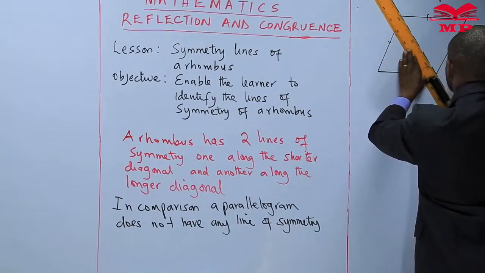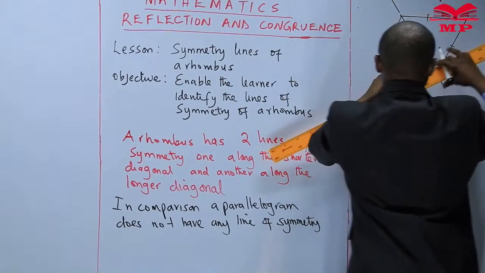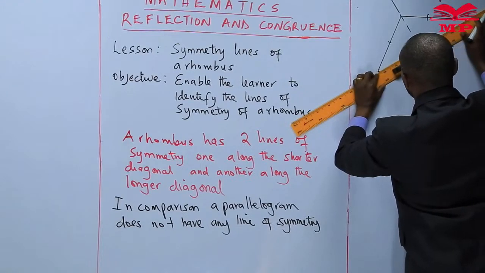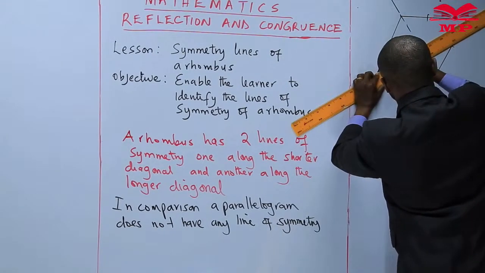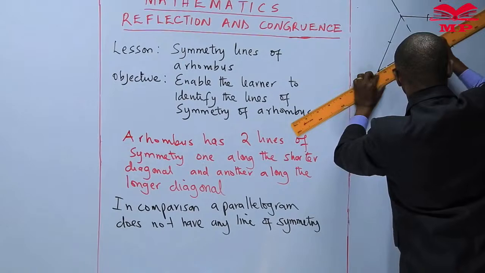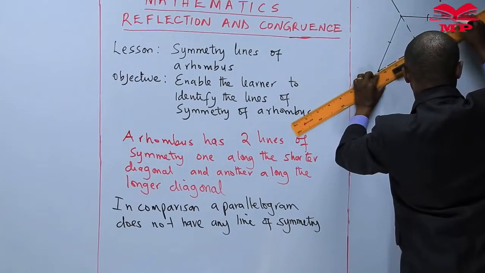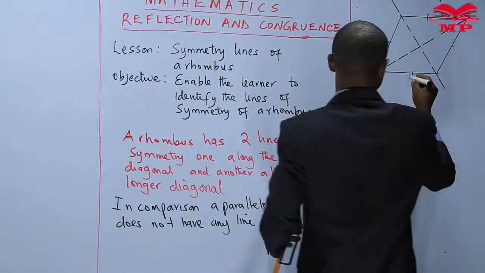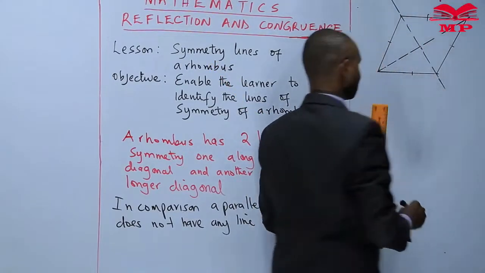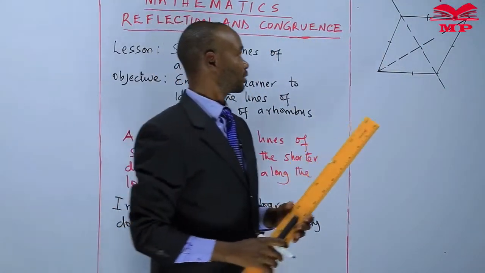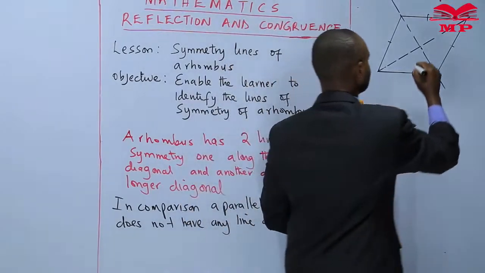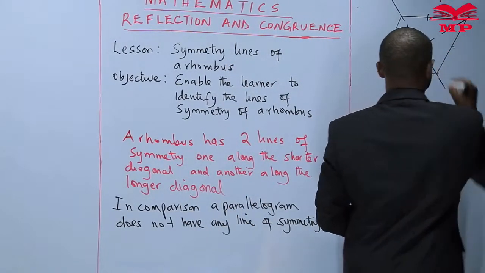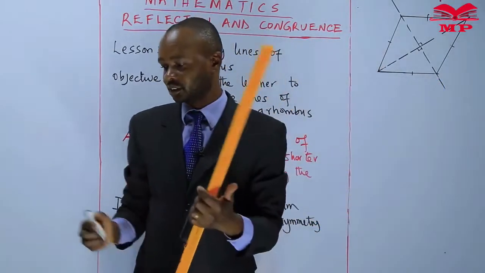Another one is along the longer diagonal. What do you discover? The lines of symmetry, or the diagonals, always meet for a rhombus at 90 degrees.